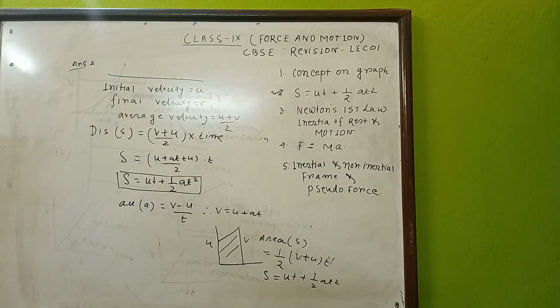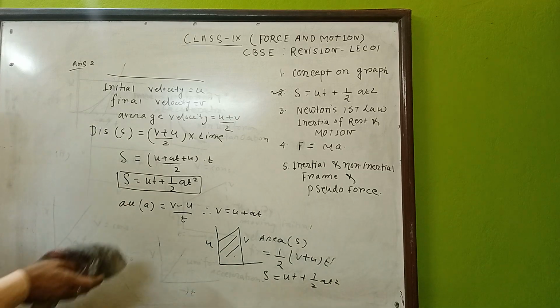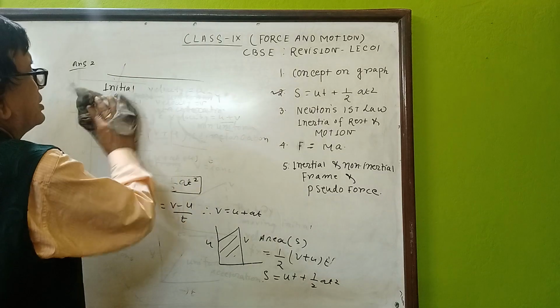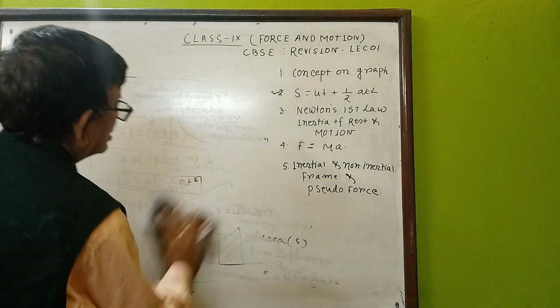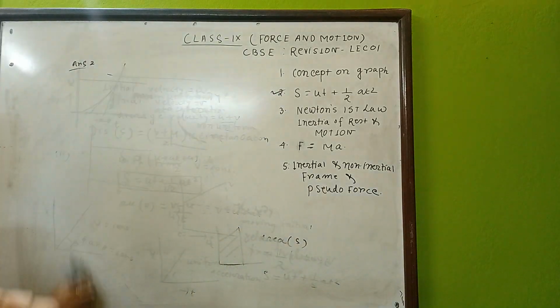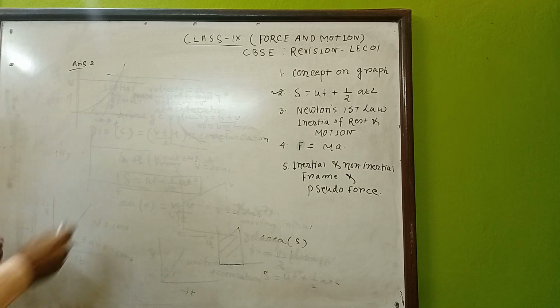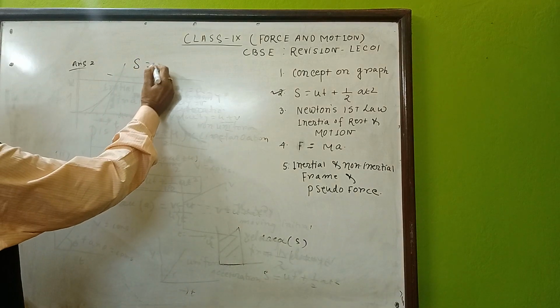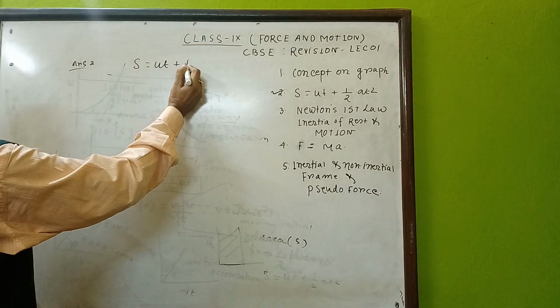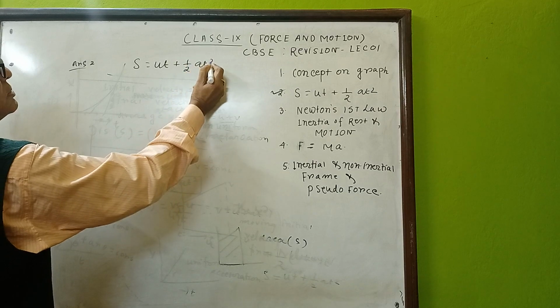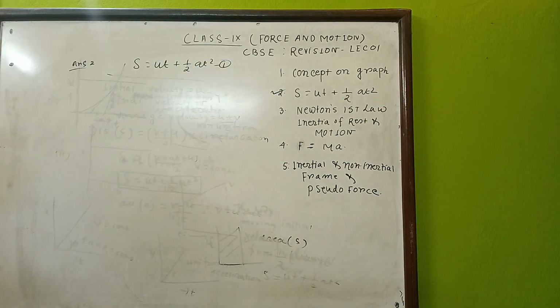So one formula you obtain, S equal to ut plus half at square. This is equation number 1. Then from Newton's chapter, the first law I am giving you.